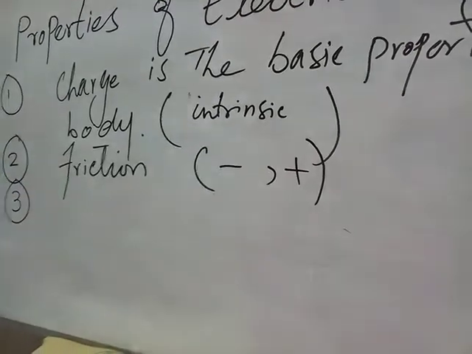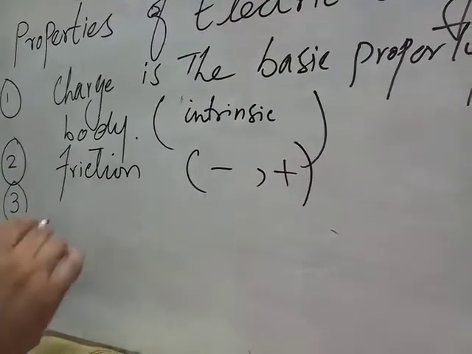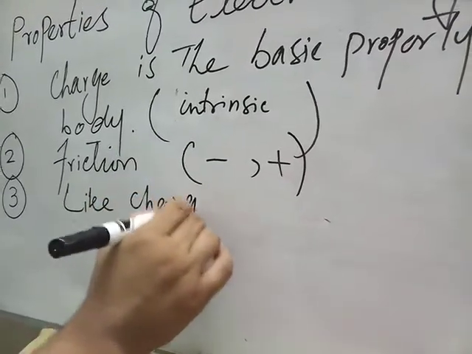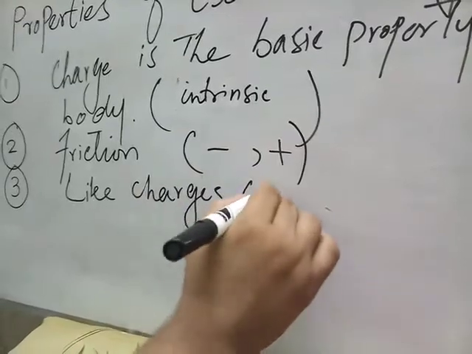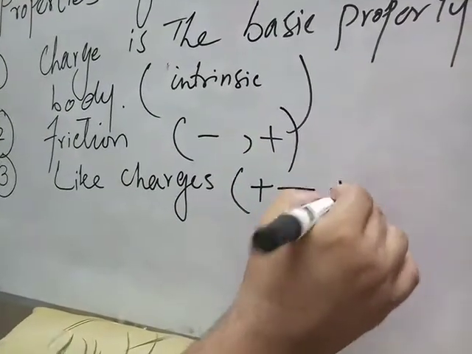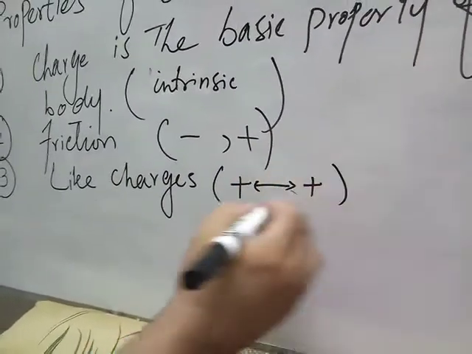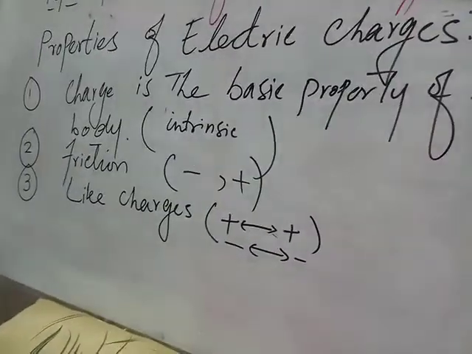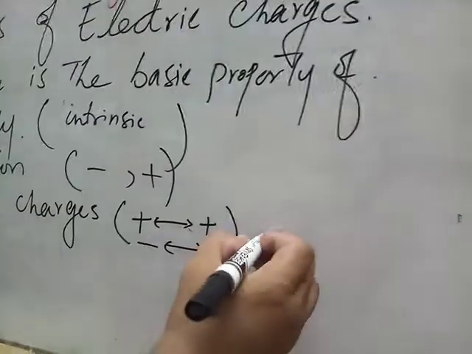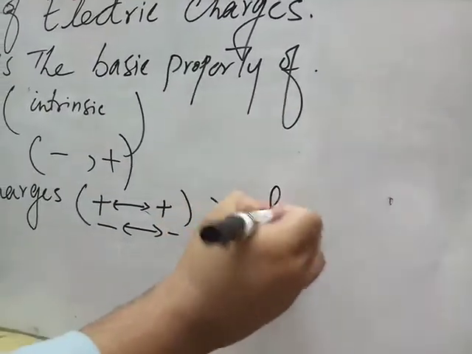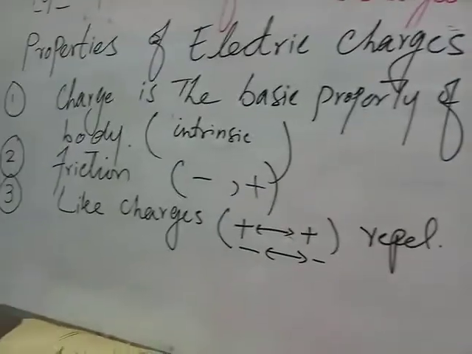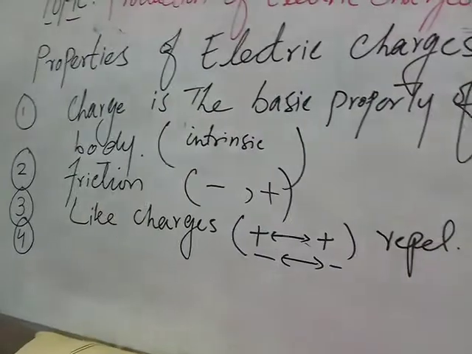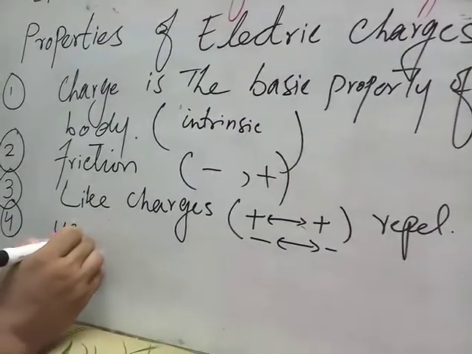The third property is about like charges, meaning positive and positive, or negative and negative. Like charges always repel each other. This is another property. Now we discuss the next property for unlike charges.